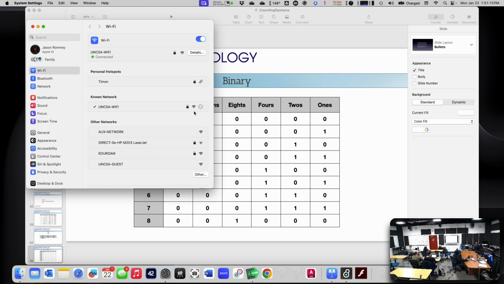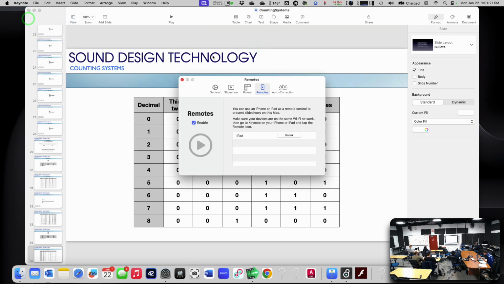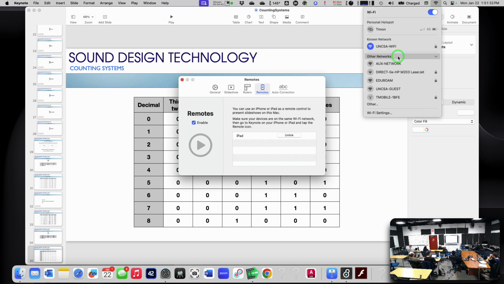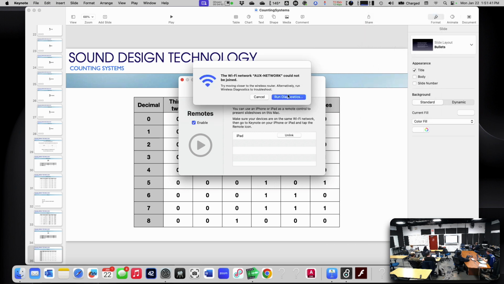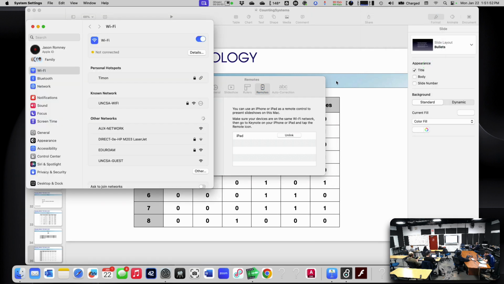I don't know why it's not. I wonder if I need to put it on the other network. It won't let me do that. Well, okay, that's not connected.